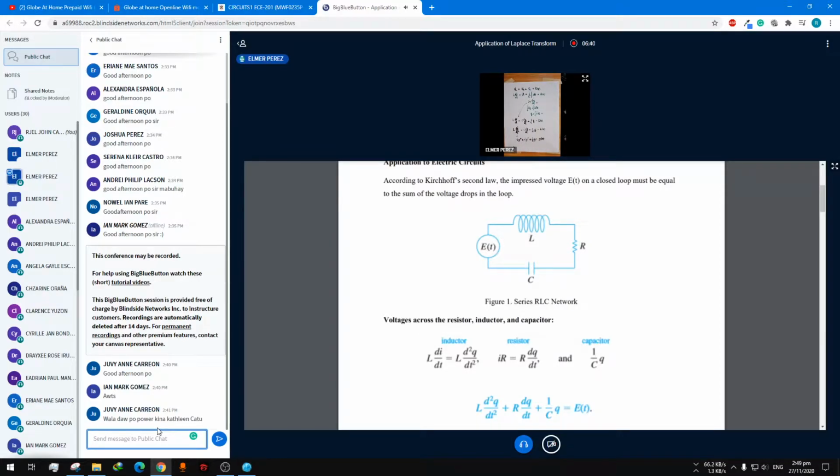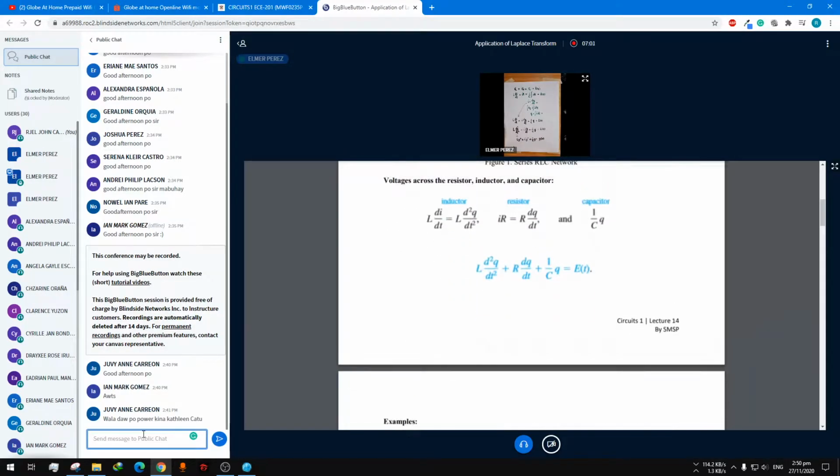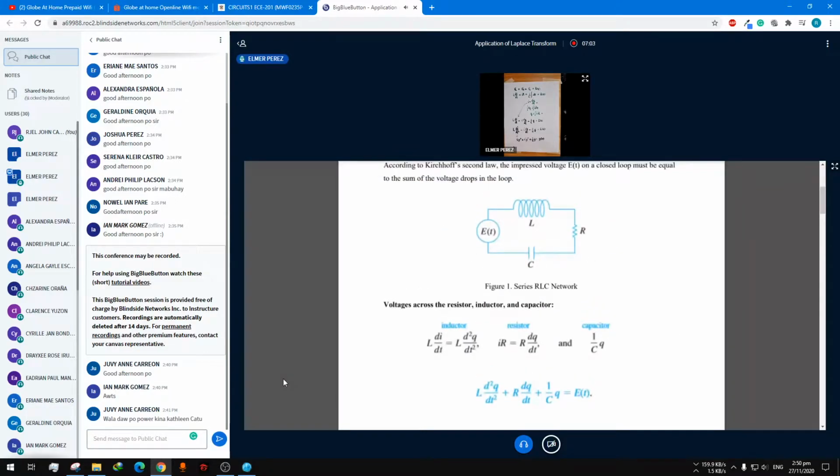Pero dito is in terms of t kasi time domain tayo doon sa mga circuit networks natin. Okay, di ba nakadepend doon sa time yung mga quantities across our inductor and capacitor. Yun. Ayun lang gagawin natin. So, puro lang tayo series para sa topic na to. Hindi na tayo magpa-parallel or mag-combination ng series parallel.